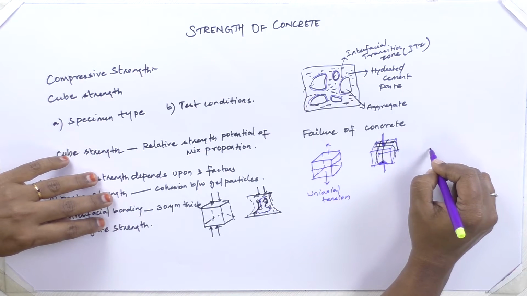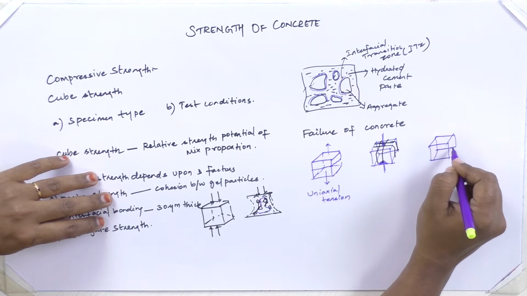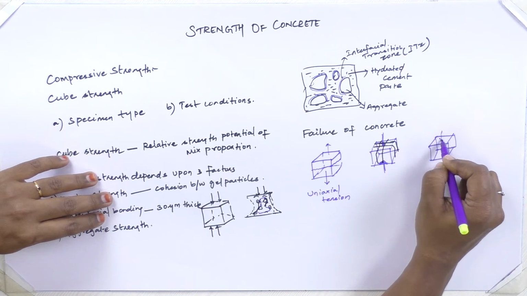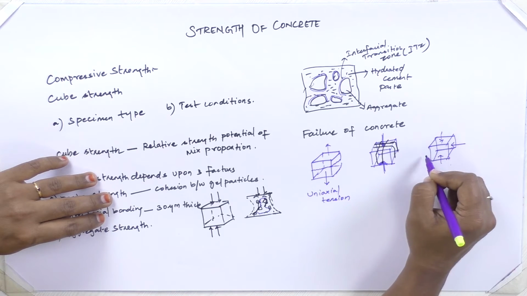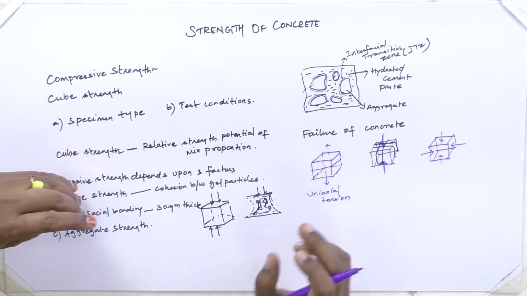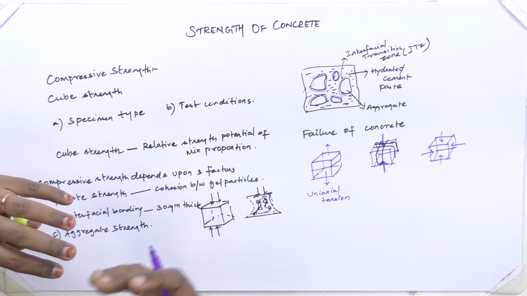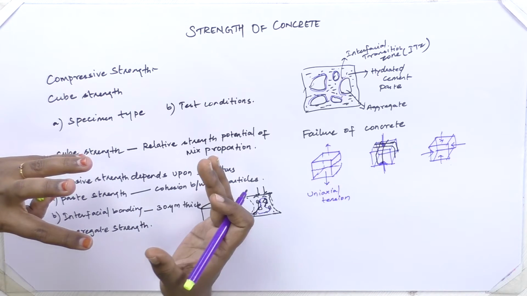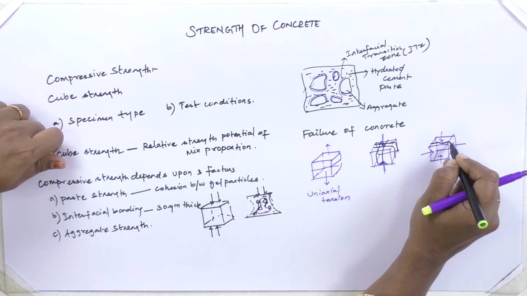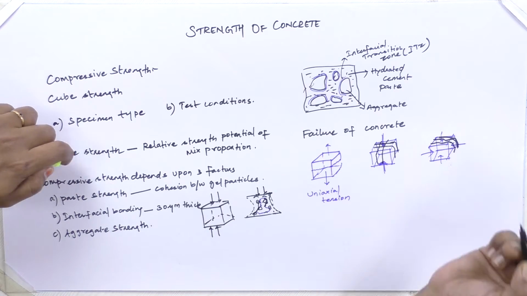Supposing I am applying load in both directions, biaxial direction, then again the material will tend to move in the other direction. I will be developing cracks in this manner.